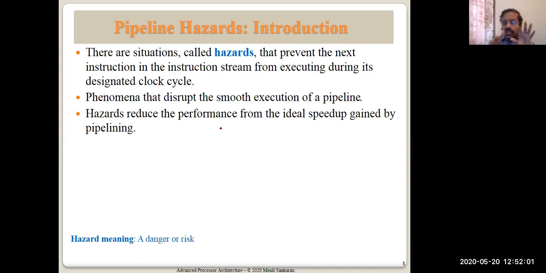If the instructions are stalled, our pipeline is not doing the job. We are making it do nothing. In that case, we are going to affect the performance. The expected speedup is not going to happen, which is wrong, because we went into implementing the pipeline and put so much hardware design into it, like what I showed you.